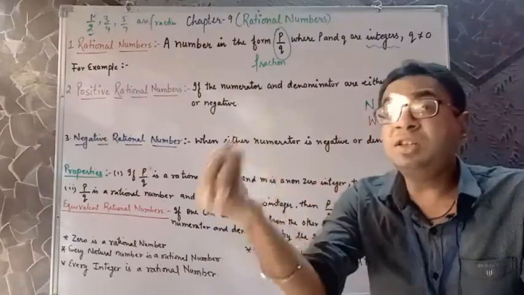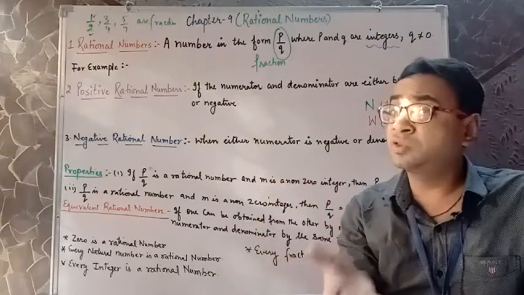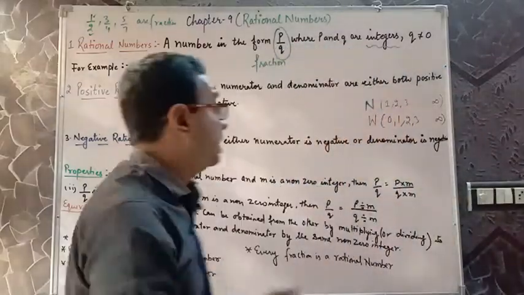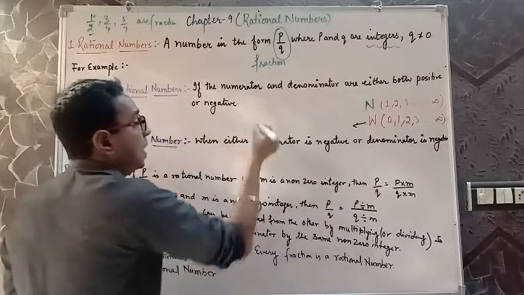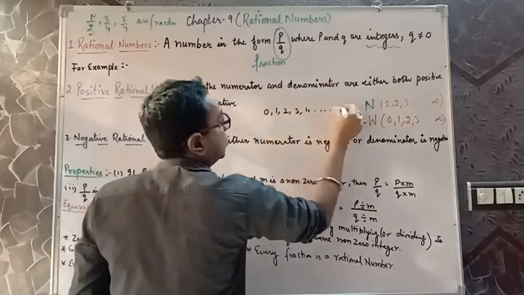Now, natural numbers and whole numbers are not sufficient to describe the numbers. So the mathematicians included the negative parts. We have 0, 1, 2, 3, 4, etc., up to infinity.